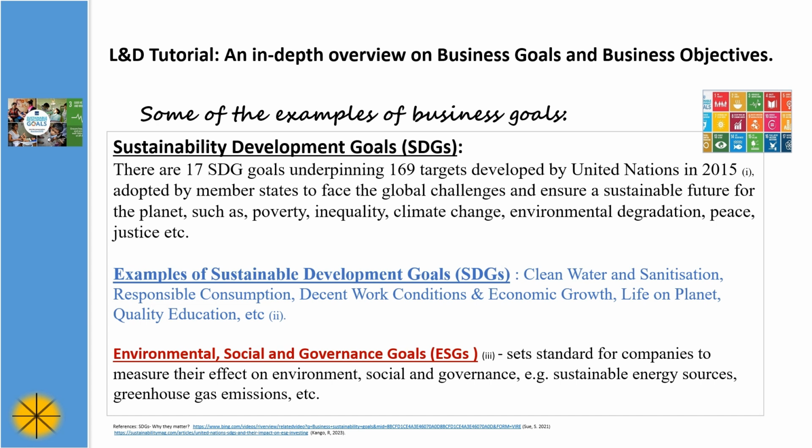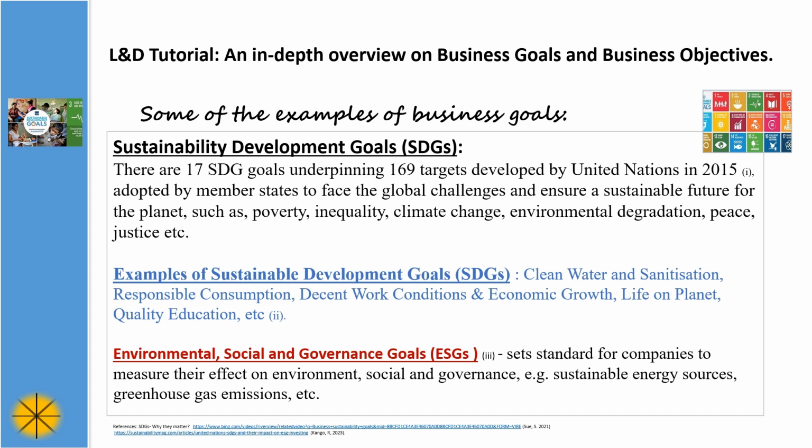These goals are adopted by member states of United Nations to face the global challenges and ensure a sustainable future for the planet, such as eradicating poverty, inequality, facing climate change, environmental degradation, provision of peace and justice, etc. Some of the examples of sustainable development goals are clean water and sanitization, responsible consumption, decent work conditions and economic growth, life on the planet, quality education, etc.